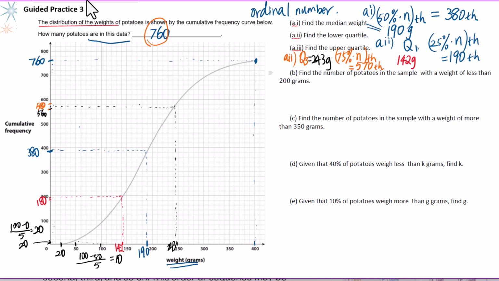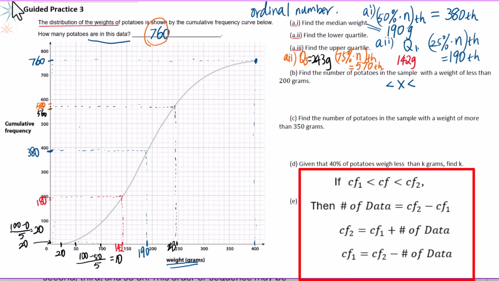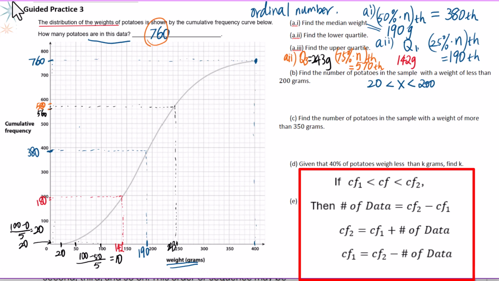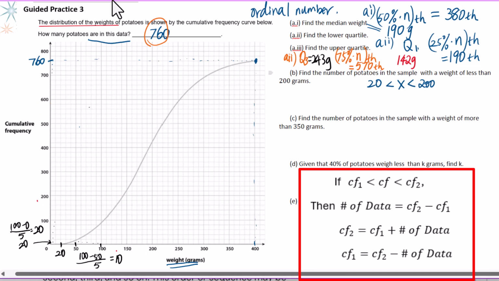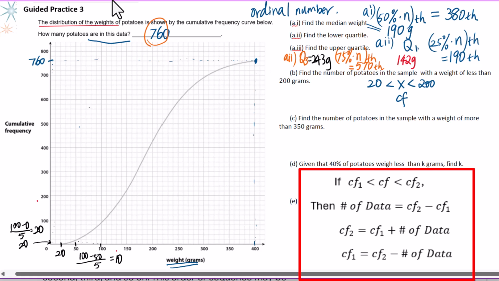Find the number of potatoes in the sample with a weight of less than 200 grams. I will use x to stand for this weight. Let's form this compound inequality. Less than 200 grams, it has to be greater than 20, because the minimum weight of the potato is 20. For the number of potatoes, we will use cumulative frequency.